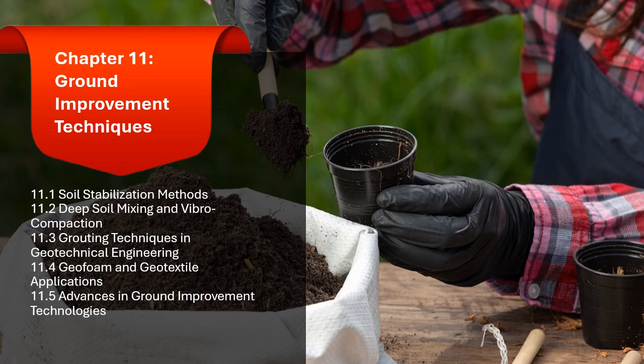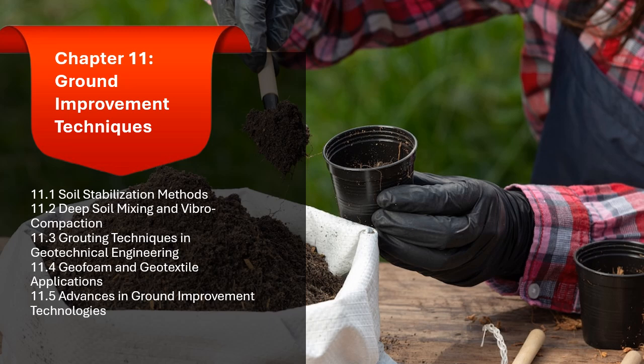2. Chemical grouting. Chemical grouting involves the injection of chemical solutions, such as sodium silicate or polyurethane, into the soil. These chemicals react with the soil to form a gel-like substance that binds soil particles together.